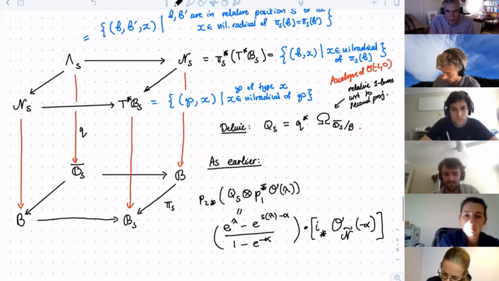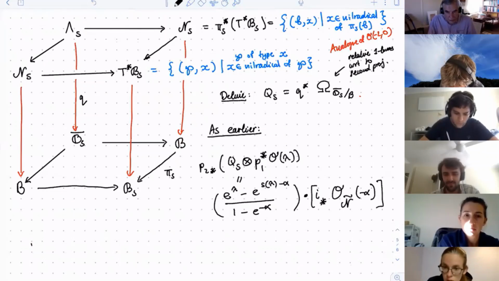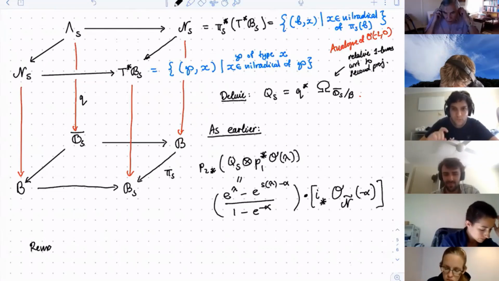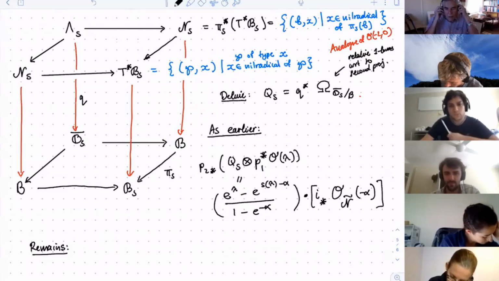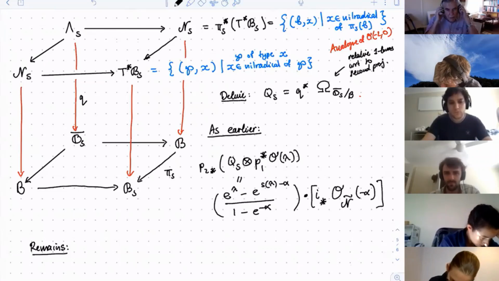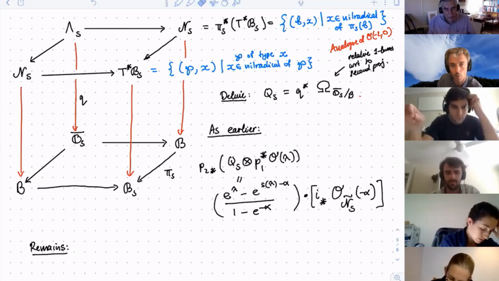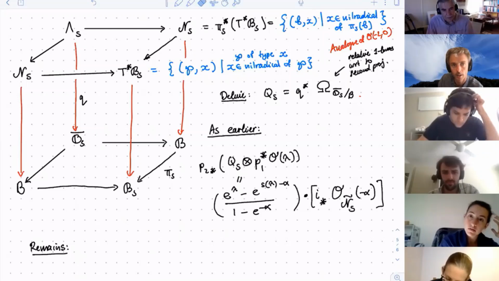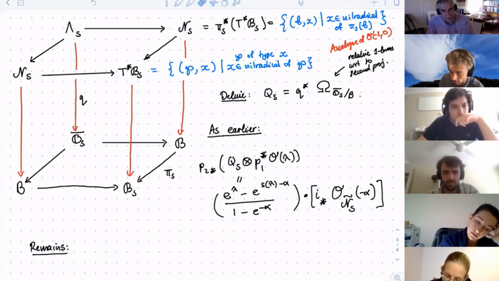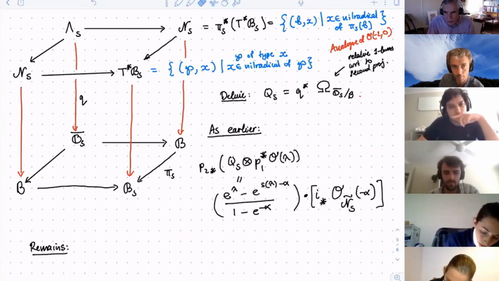Okay, so it remains to express, sorry, this should be NS. So NS is the kind of analog of P1 from before. So NS is a vector subbundle inside the cotangent bundle.